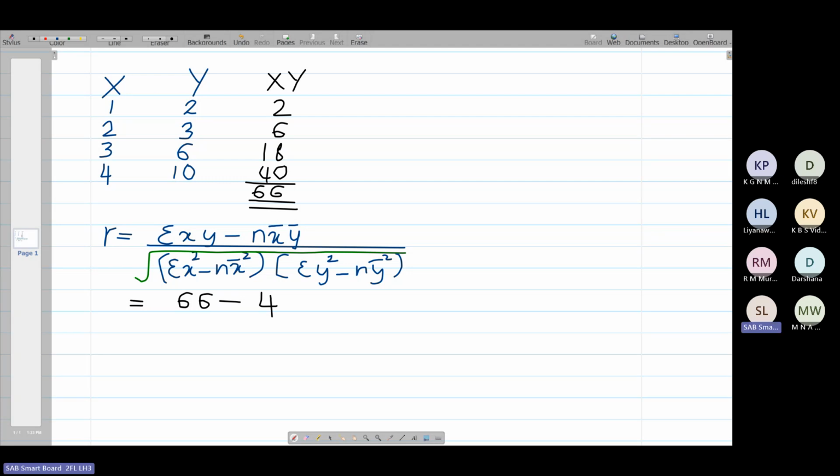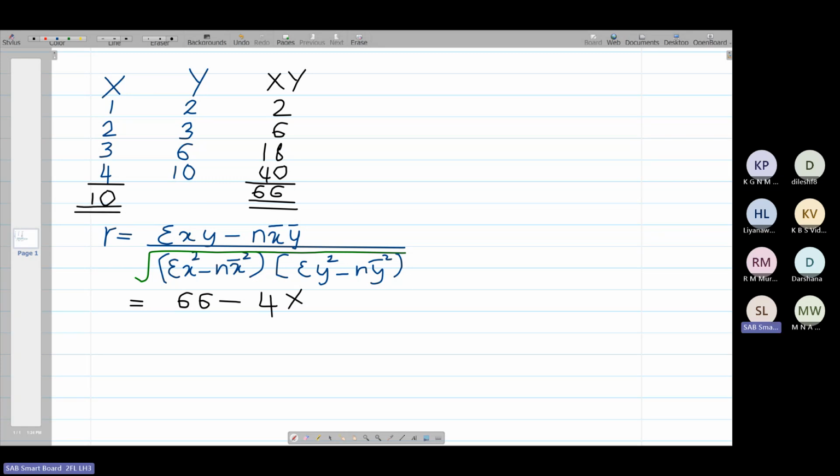Then what else? X bar. X bar means the mean value of x, the average value. We take the total of the x column, 10.